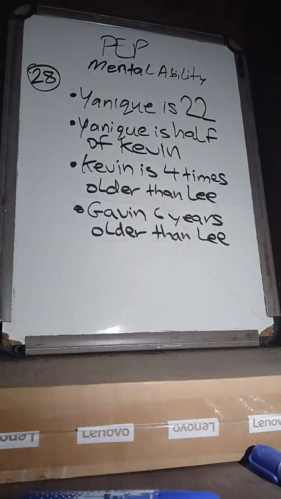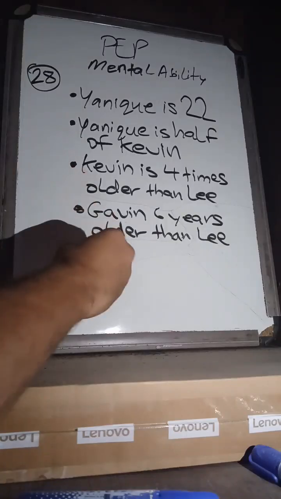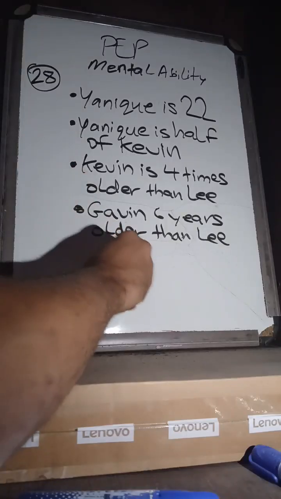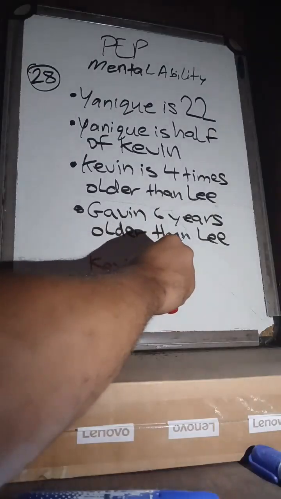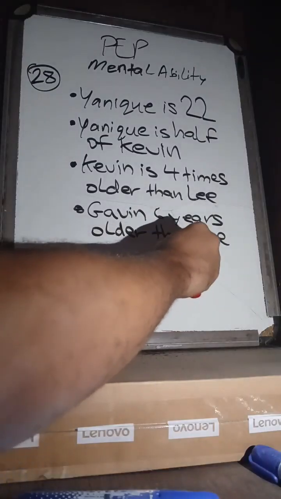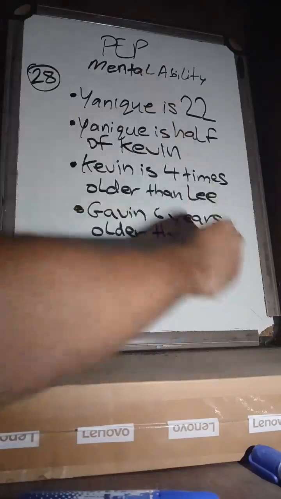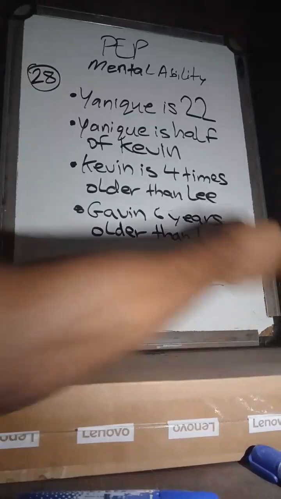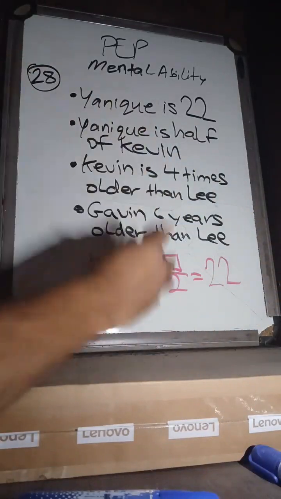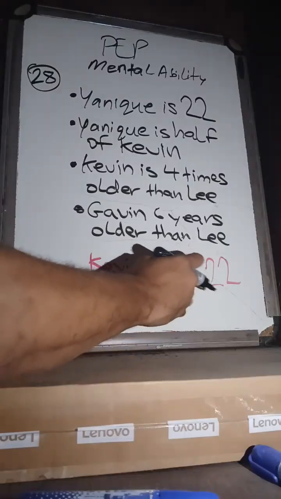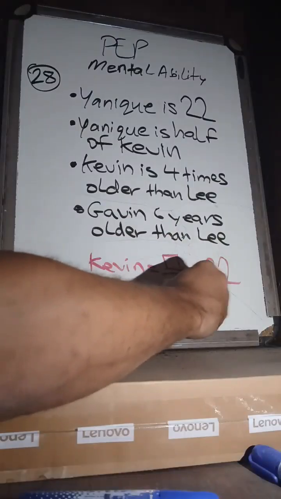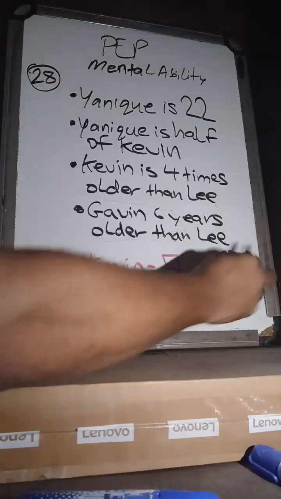Alright. So, if Yannick is half of Kevin, that means Kevin would be some amount that is divided by 2 and it's equal to 22, right?